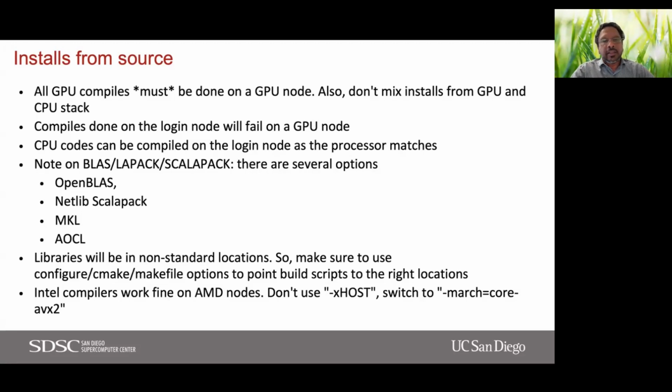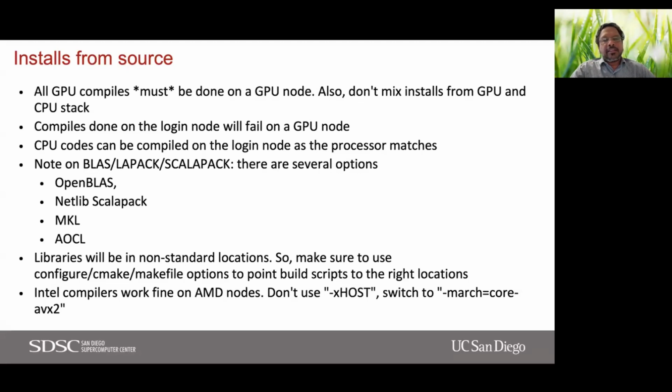Remember, your home directory and your Lustre directory are mounted everywhere. So it doesn't really matter where you compile, and as long as the binaries or the source are in the home directory, you should be able to see them everywhere. What I mean is you don't have to recompile for a different node. They're going to end up in the same location.